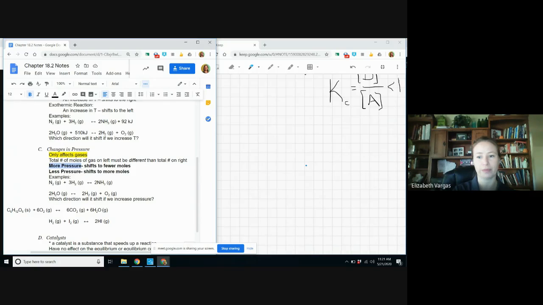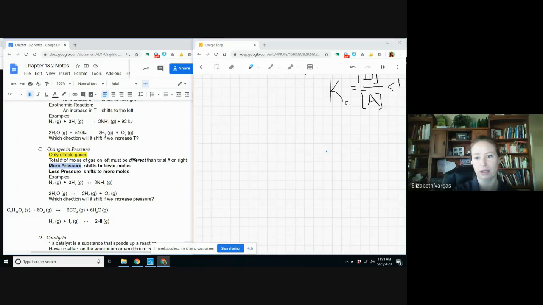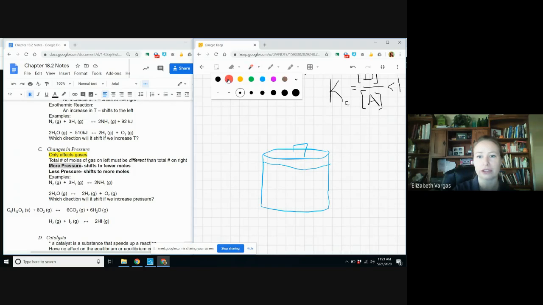Ooh, let's draw our cylinder over here. Okay, and we have the lid on this guy that is able to go up and down on this system. So this moves up and down, so I can very easily increase the pressure if I just push that lid down, right? And I'm going to draw my little molecules. Let's draw them. I'm going to draw them green.